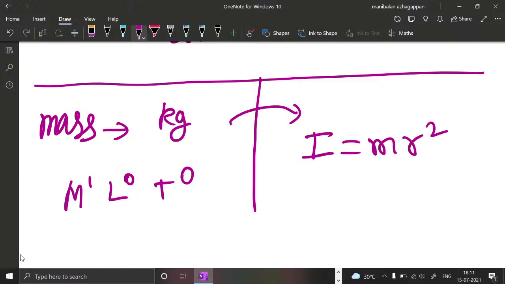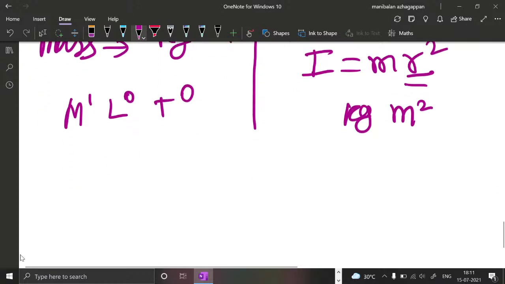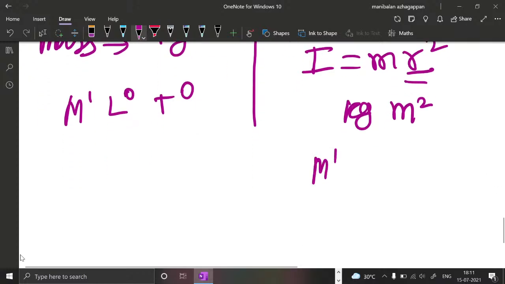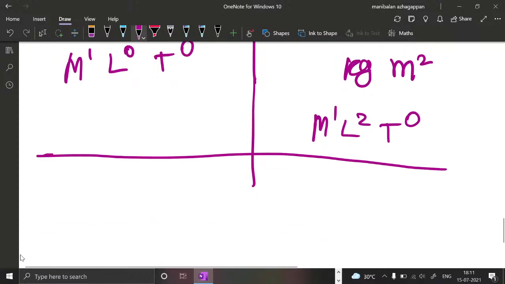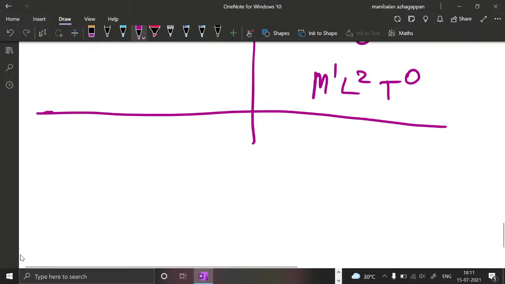Mass into radius square, where r is called the radius of gyration. The SI unit: mass is kg, distance is meter, so kg meter square. Dimensional formula: M power 1 L power 2 T power 0, there is no time here. So what is mass in linear motion is inertia in rotation motion.